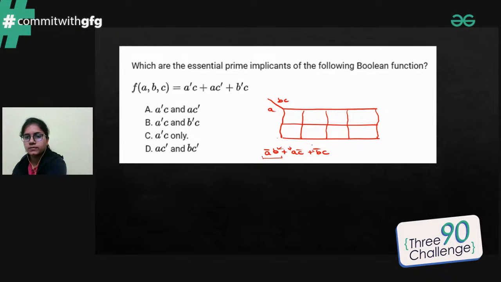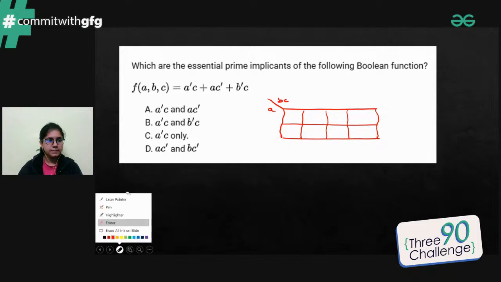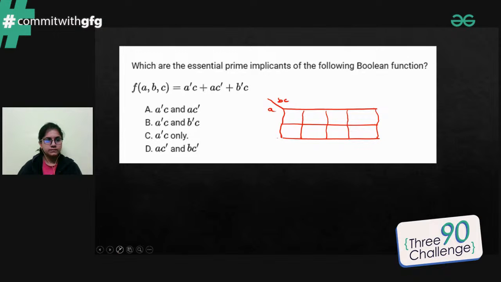So how do we make this into the canonical form? Here A bar, let's leave the space for B. Here C plus, this is A, let's leave the place for B. Here C bar plus, here let's leave the place for A. Here B bar C. So here A bar means it is 0.